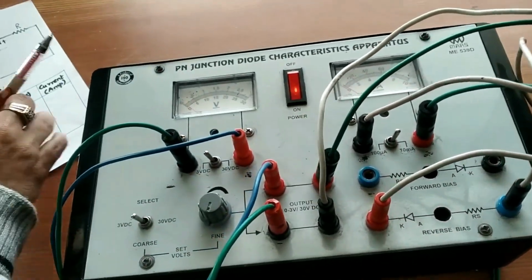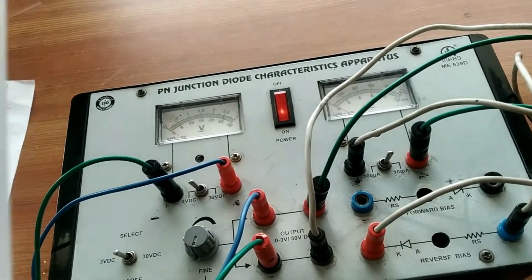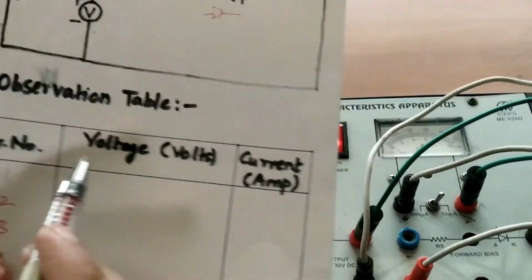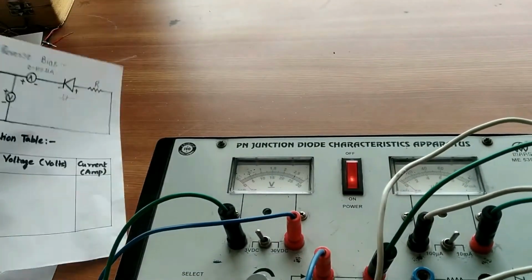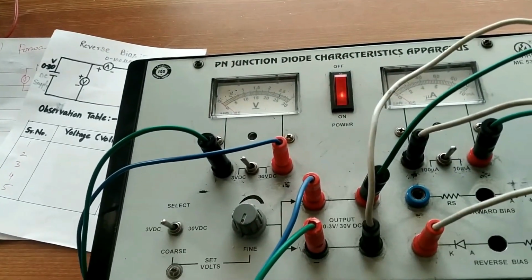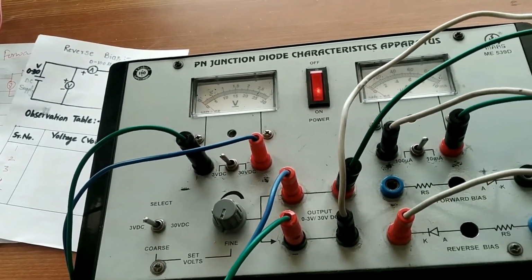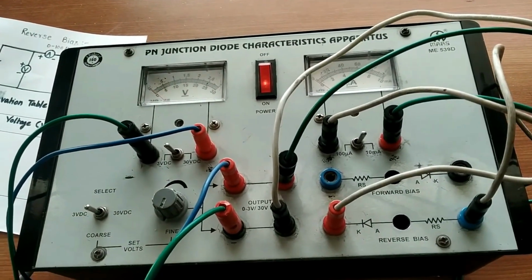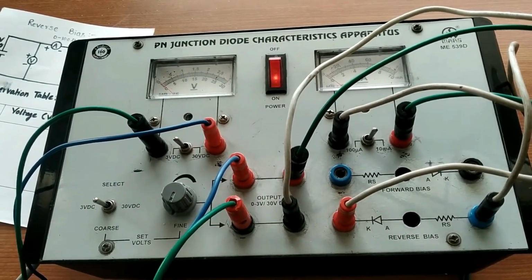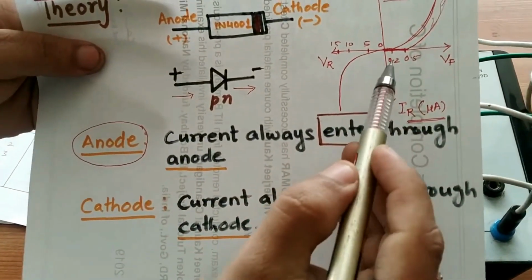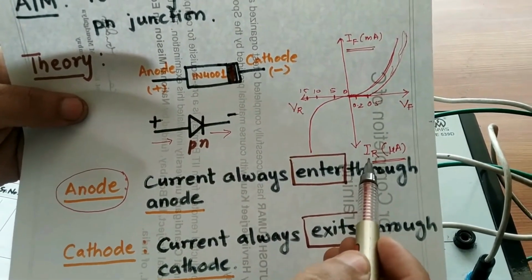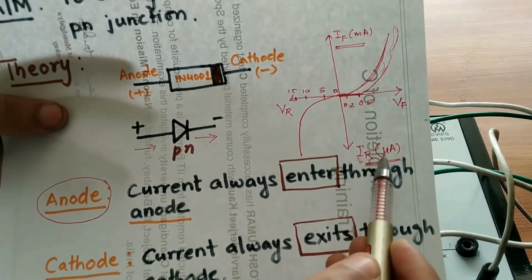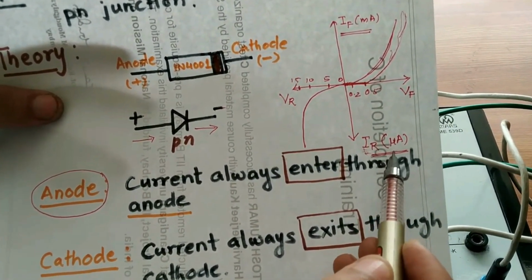And now we are going to take a voltage. As I have already told you, in reverse bias condition we get a reverse bias current in microampere.